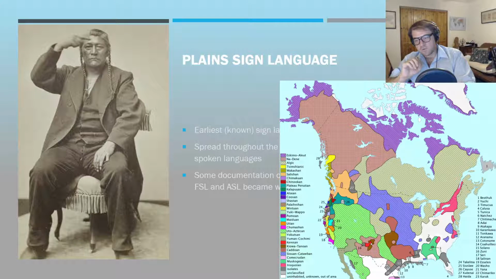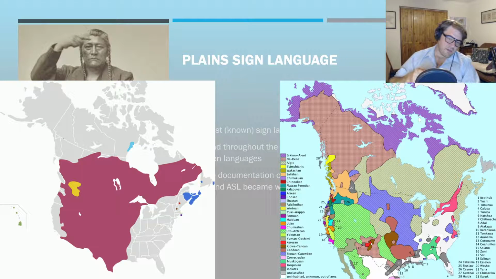That's at least four different ones, possibly more than that. This is Plains Sign Language. This is where Plains Sign Language was used. Pretty much everywhere. There's a couple offshoots of different types of sign language that were used heavily in these areas.